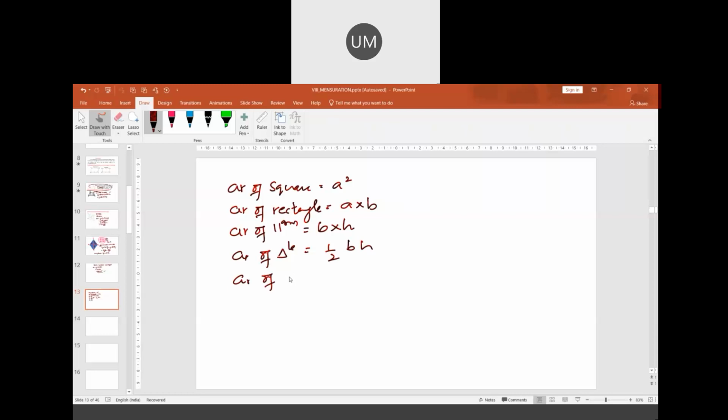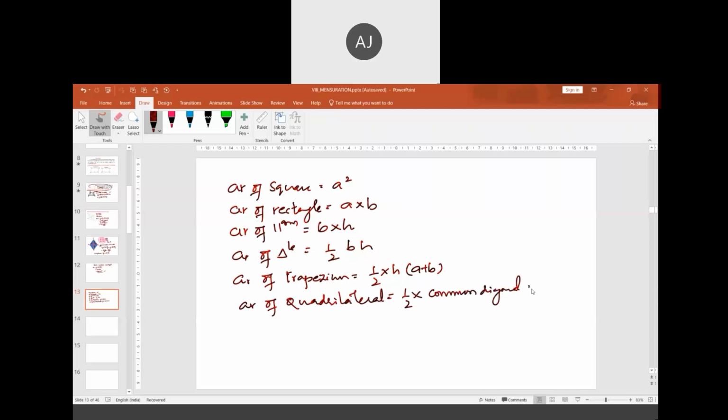Area of trapezium is half into sum of parallel sides into height. Area of quadrilateral in general is half into diagonal into sum of the altitudes.